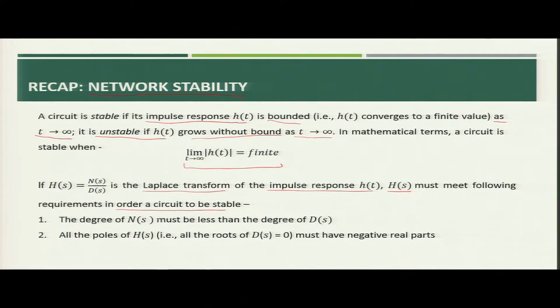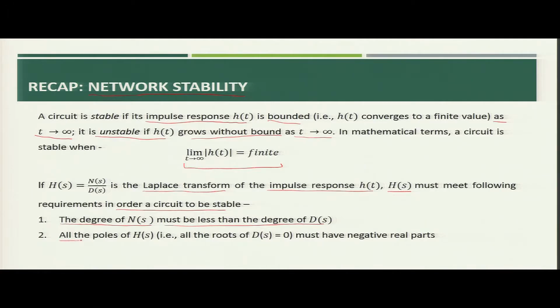What were those requirements? One requirement was that the degree of N(s) must be less than the degree of D(s), that is, the degree of the numerator expression should be less than the degree of the denominator expression.